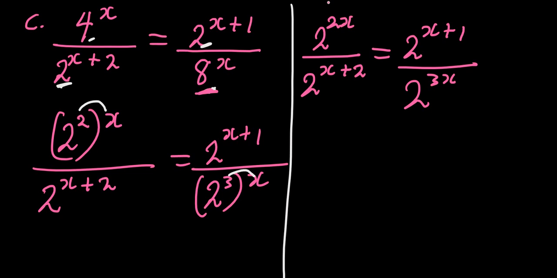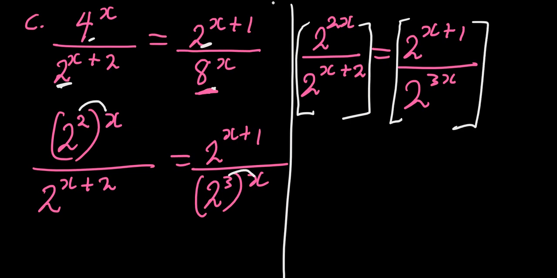Good. So right now we are going to focus on the left side. Since we have the same base in the numerator and the denominator, we have to write this as a single base, and we are still going to apply the same rule to this, applying the division rule of exponents to that.